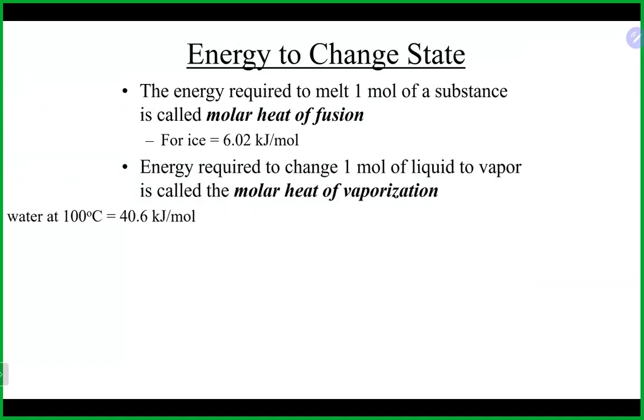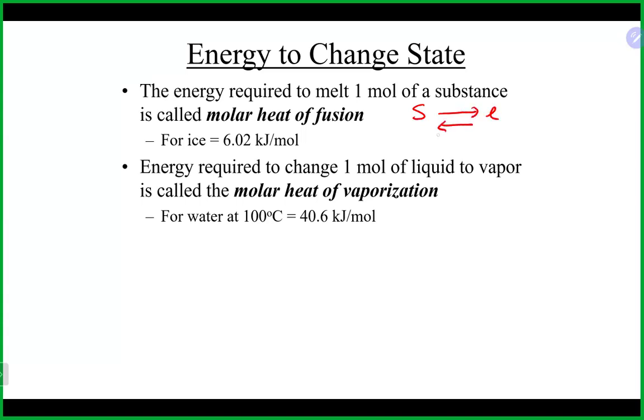Now, when we talk about these transitions, there is actually a certain amount of energy that is required to do nothing more than take a substance from one state to the next. And when we're talking about the transition of going from solid to liquid, or liquid back to solid at the normal freezing point of a substance, that is the heat of fusion.